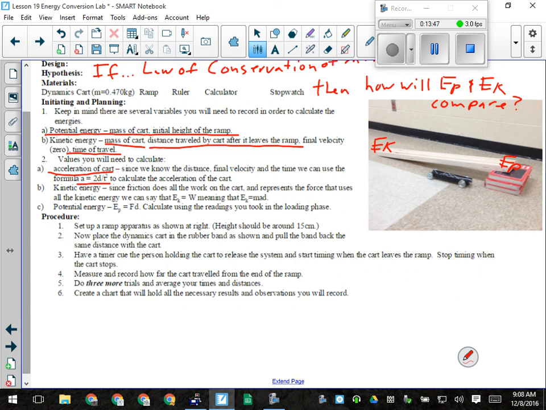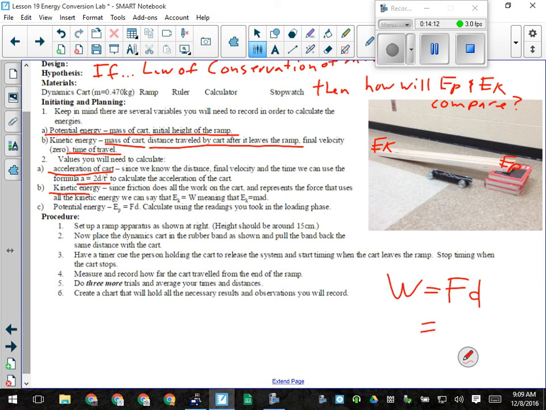Then we're going to calculate the kinetic energy using the acceleration of the cart. And here's how we're going to do that. Work equals force times distance. We've been using that formula a whole bunch. And we just said we're going to use the work done by friction in stopping the cart to calculate how much energy it had. Well, to calculate force, there's a formula we haven't used, and this is the only time.